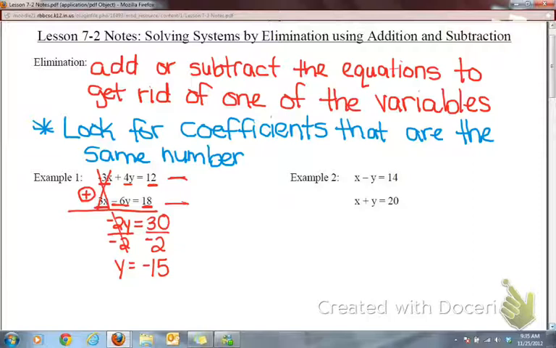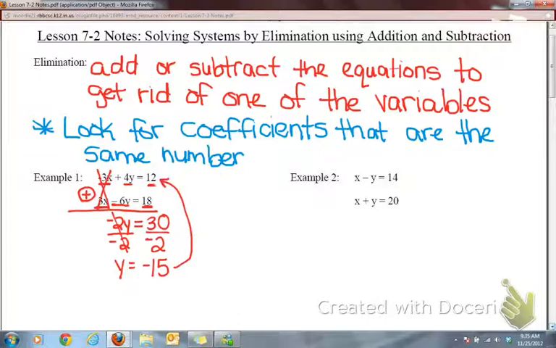I usually just pick the top one, unless the bottom one seems easier. In this case, I don't think it's going to matter either way. I think they're going to be both the same difficulty, which to me isn't that hard either way. But you just plug in your -15. I'll put it into the top one for y.